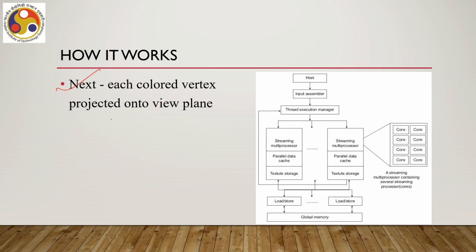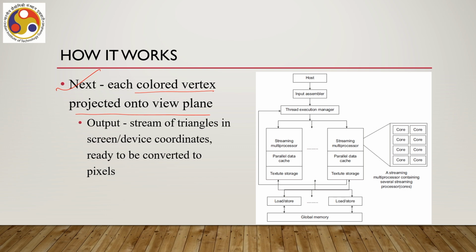After that, each colored vertex is projected onto the view plane, that is the projection transformation, which involves the viewing transformation and projection transformation together. So, the output is the stream of triangles in the screen or device coordinates, ready to be converted to pixels.